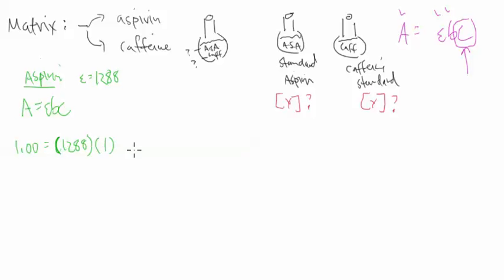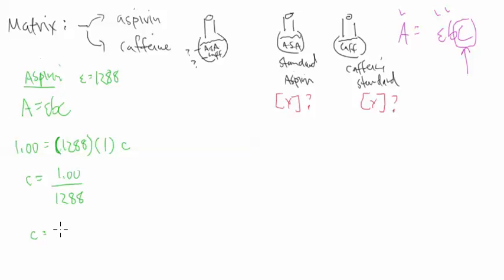My path length is a 1 centimeter cuvette, and C is going to be the concentration. So I'm going to solve for C. And the way that I do that is that I take 1 and divide it by 1288, right? Because 1288 times 1 is 1288. I need to solve for C, so you divide each side of the equation by 1288.